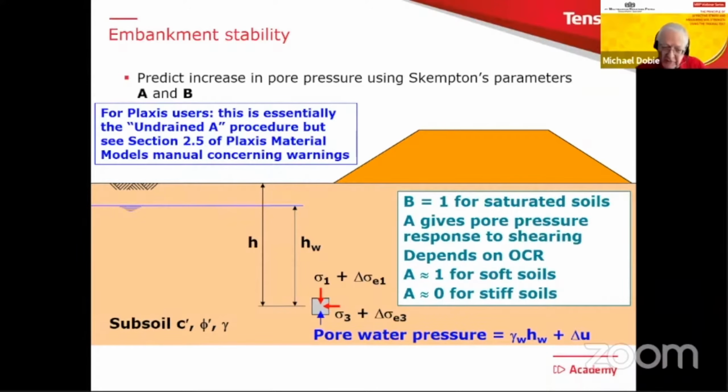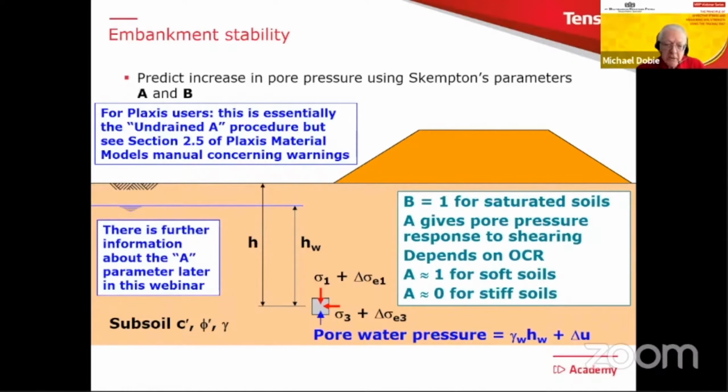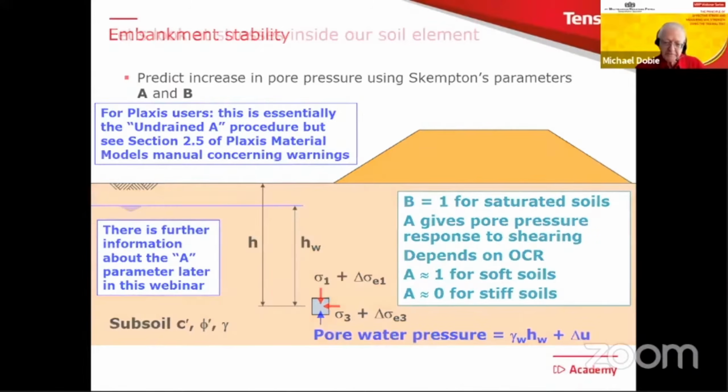That's a whole different story, not part of this webinar today, but I thought I'd just make a point about that at this stage. We'll talk about this A parameter a little bit later on during the webinar, and what it means.